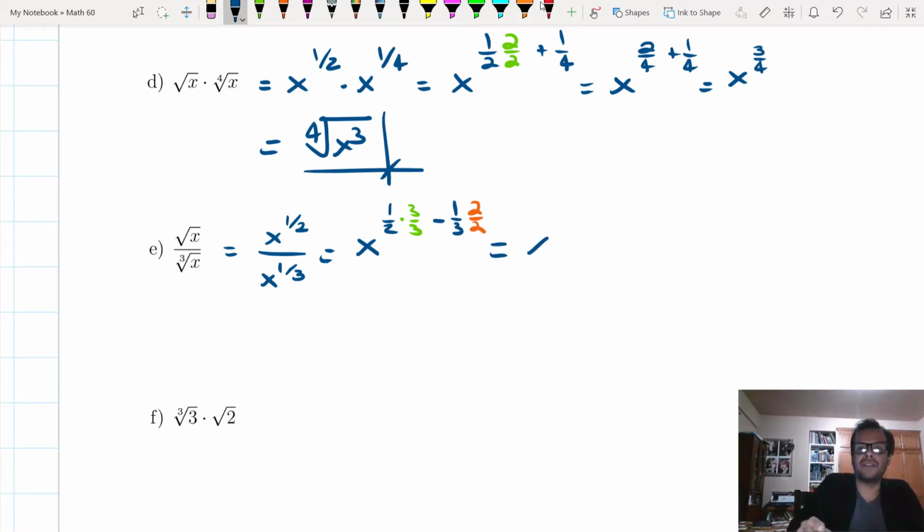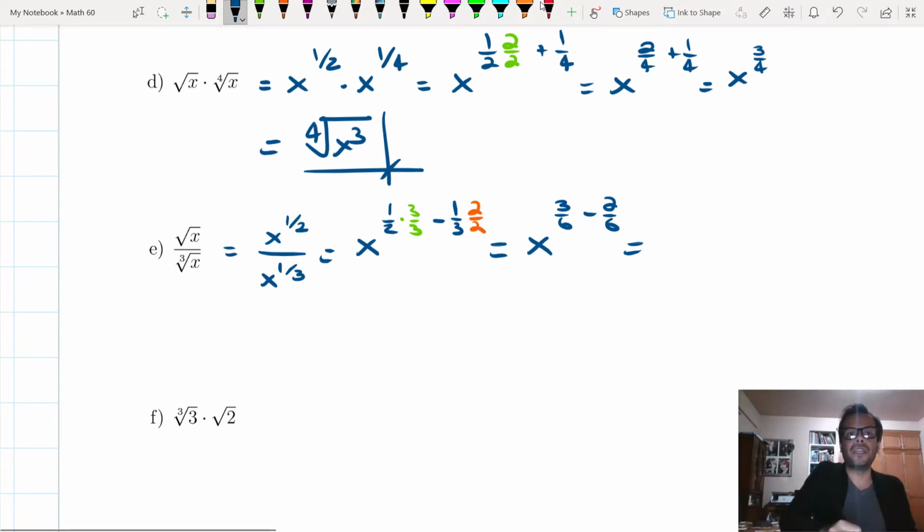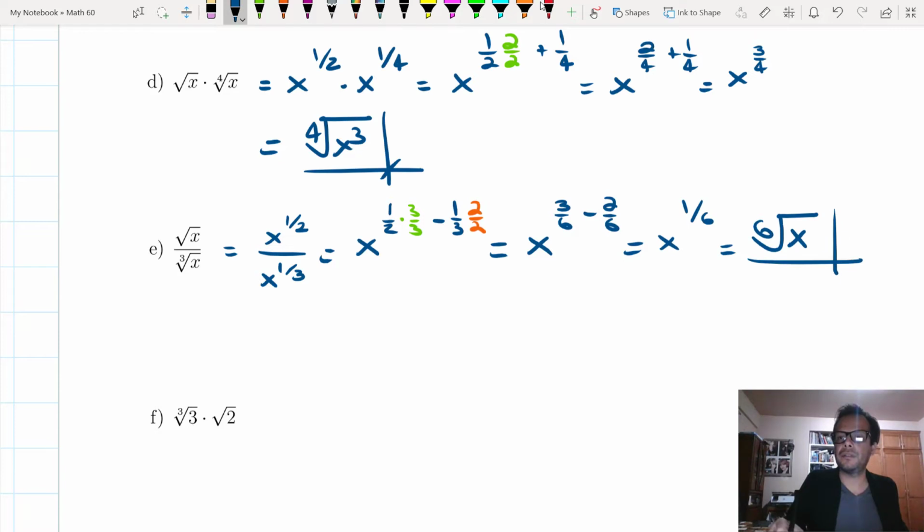So we are going to have x to the 3/6 minus 2/6. And if we subtract these two exponents, 3/6 minus 2/6, we are going to get x to the 1/6, right? And this is the same as the 6th root of x. Okay, the 6th root of x.